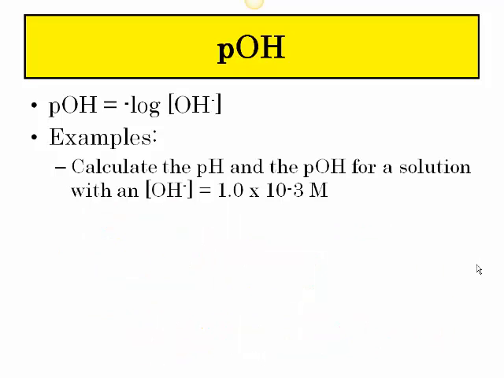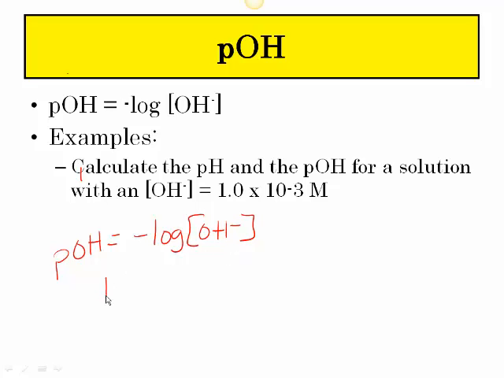Alright, next one. Now notice we're switching the equation up. They're asking for pOH. And so this is where you're taking the logarithm of the OH concentration. You have a pOH is equal to, it's the same equation, it's just instead of the concentration of H plus, you have the concentration of OH.